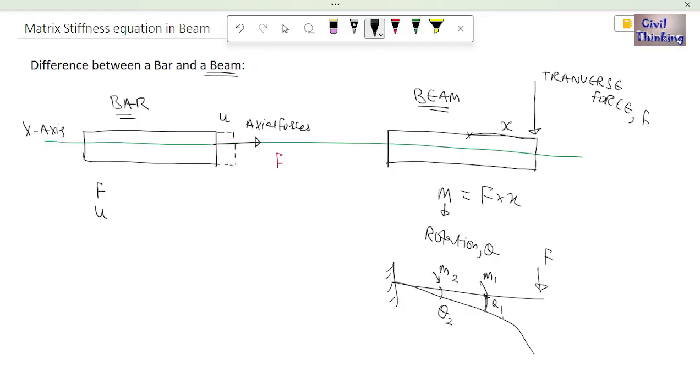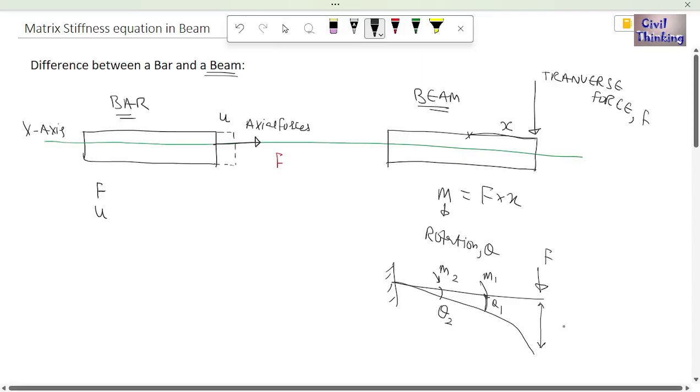Also because of this force, we will have some transverse displacement. Let us call it v. Why v? Let me show you here.